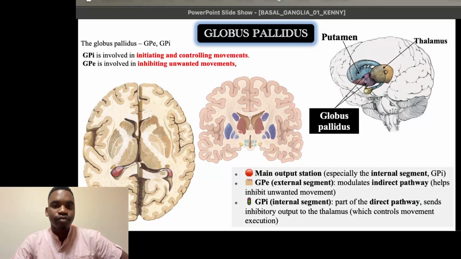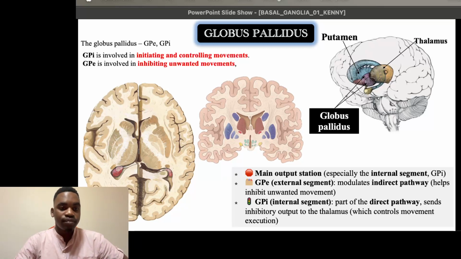Now the globus pallidus, as its name suggests, is pale bodies, as you compare with the putamen. So this is the globus pallidus, this is the putamen. And we have said the globus pallidus has two segments, the external segment and the internal segment.